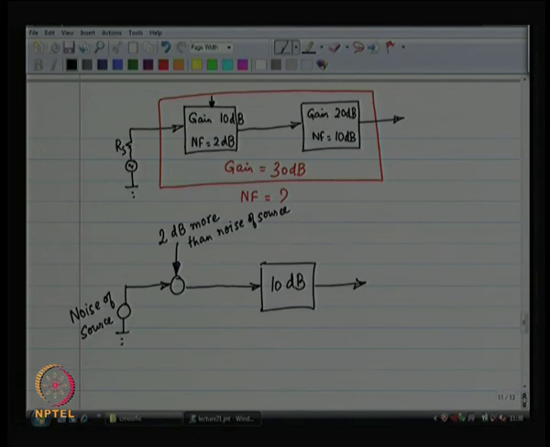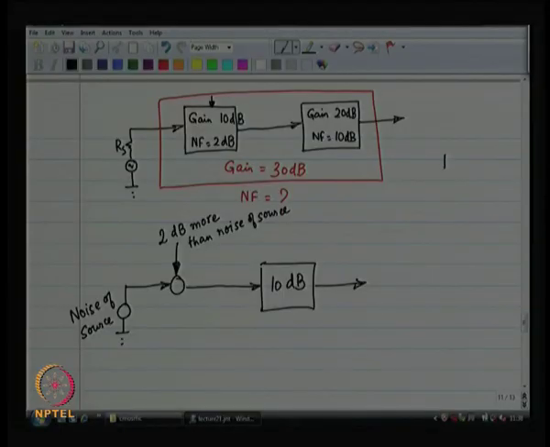All right. Now, we have to think about the noise figure of the second building block over here. The second building block has a noise figure of 10 dB. What does that mean? What does it mean when I say that the second building block has a noise figure of 10 dB?